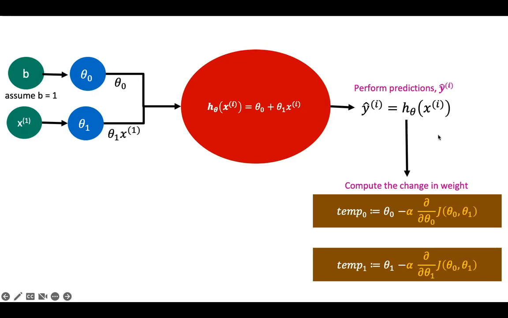Calculate the cost, and that's by using the MSE for the gradient descent. Okay, so we simply have to plug in the actual value y and the predicted y, and then the x values. Now, given that we want to minimize that cost, we have to compute the change in weight.